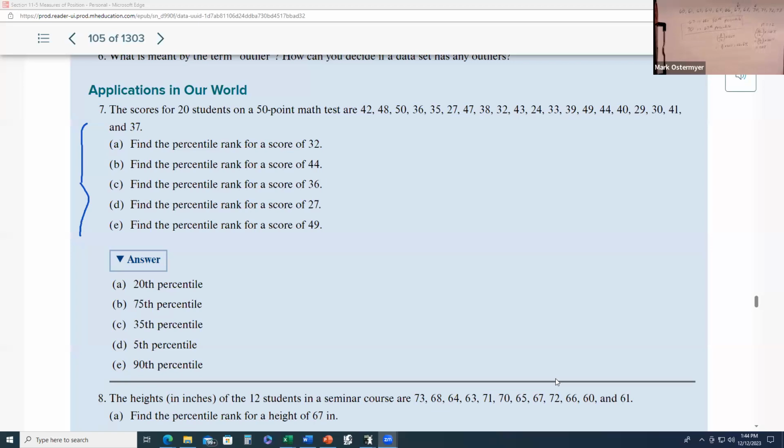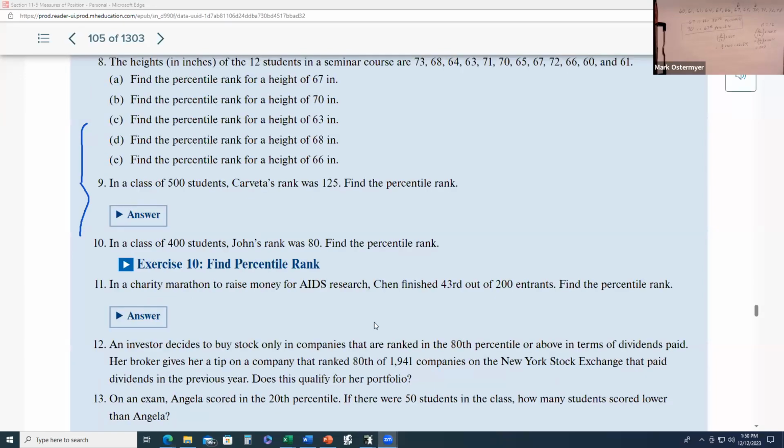All right. Okay, let's look at a different problem here now. I am going to do problem number 10. It says, in a class of 400 students, John's rank was 80. Find the percentile rank.